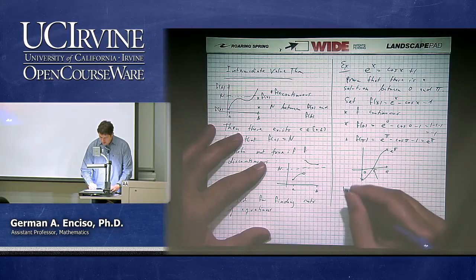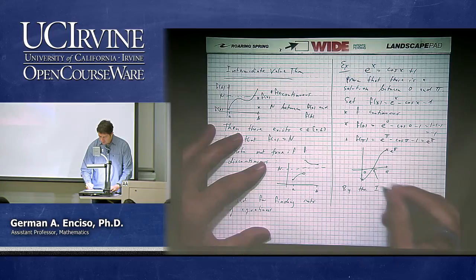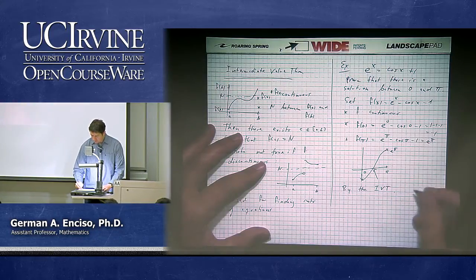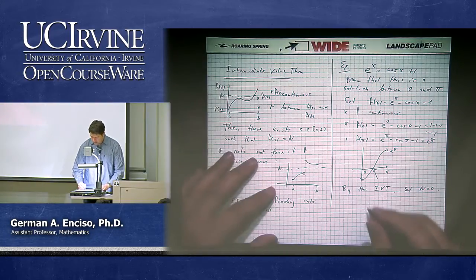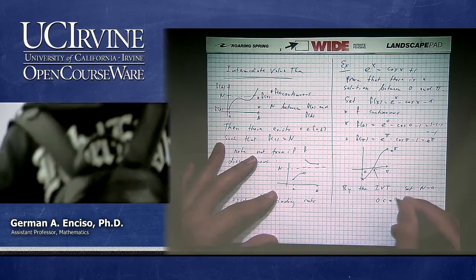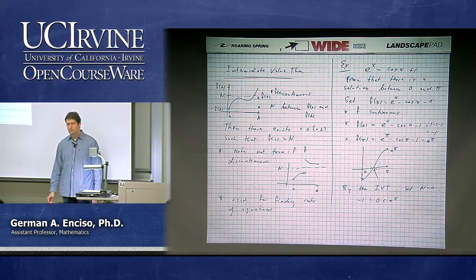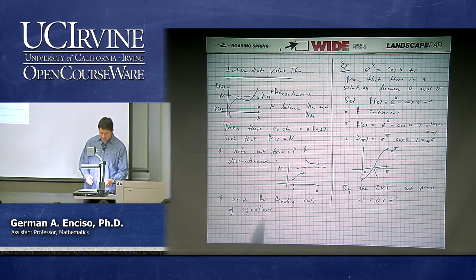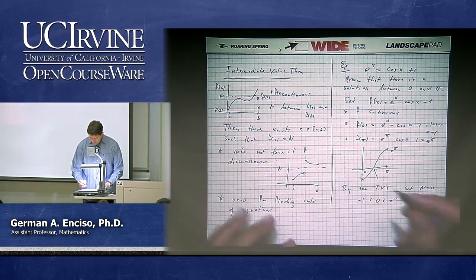So we say mathematically, by the intermediate value theorem, set n equal to 0. So your n is equal to 0. And notice that 0 is less than e to the pi and is bigger than minus 1. Okay, so we're satisfying this condition: n lies between f of a and f of b.